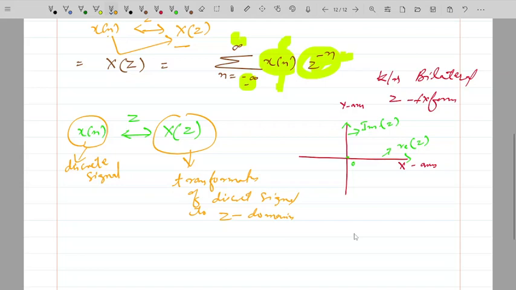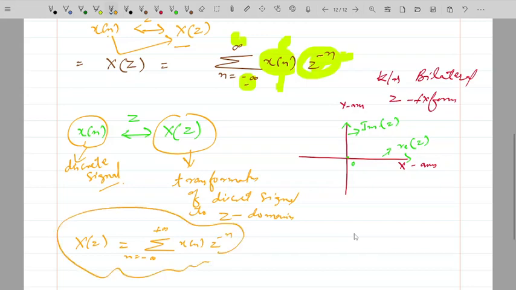So x of Z is the analyzed form of the Z transform of the discrete signal. If we want to find the Z transform, we consider the equation x of Z equal to the summation from n equal to minus infinity to plus infinity of x of n, Z to the power of minus n. This is the equation for finding the Z transform of any digital signal.